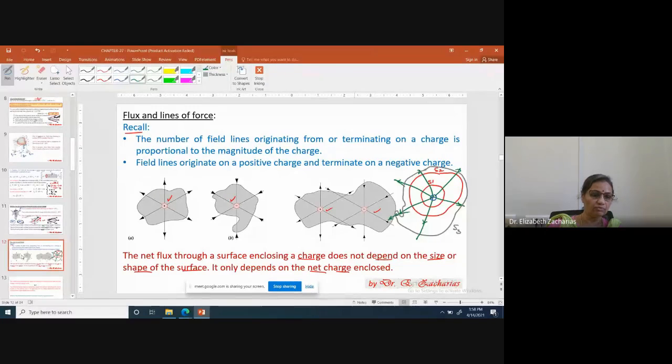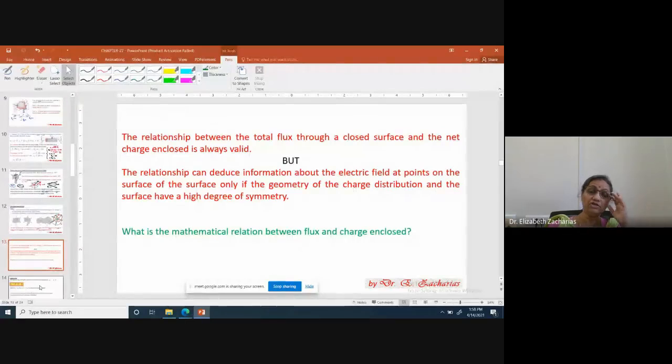Now we come to a very important discussion. So now we have found that flux is related to net charge enclosed. And you're going to see that there is a mathematical relationship between this flux and the net charge enclosed.